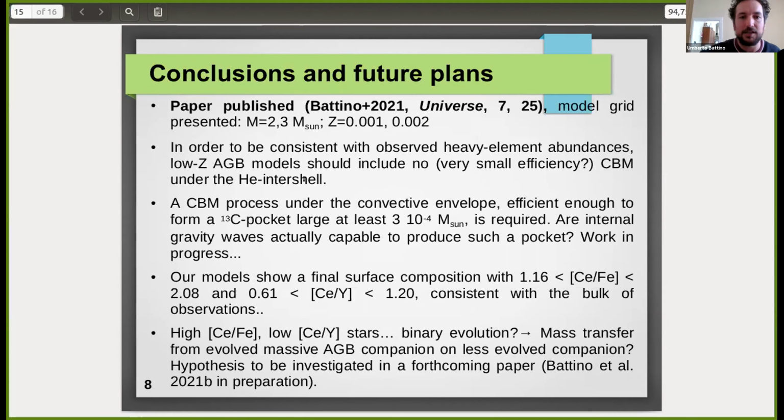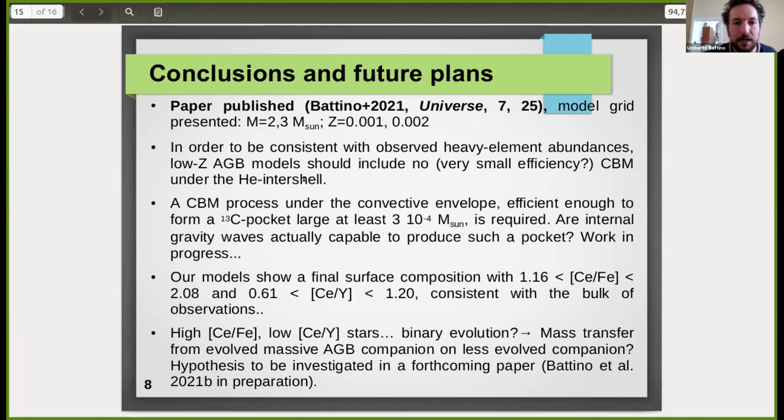The main take-home messages are: in order to be consistent with the observed heavy element abundances, in the low metallicity AGB model you should include no or very small efficiency carbon convective boundary mixing under the helium intershell. And also, talking about the convective envelope, you instead need a convective boundary mixing process efficient enough to form a carbon-13 pocket at least as large as 3 times 10 to the minus 4 solar masses.